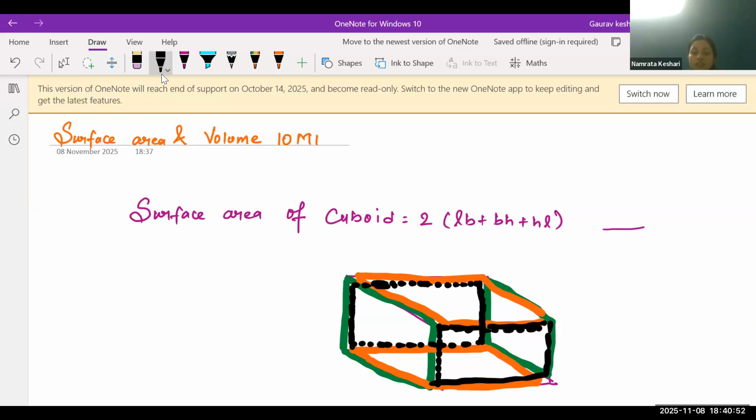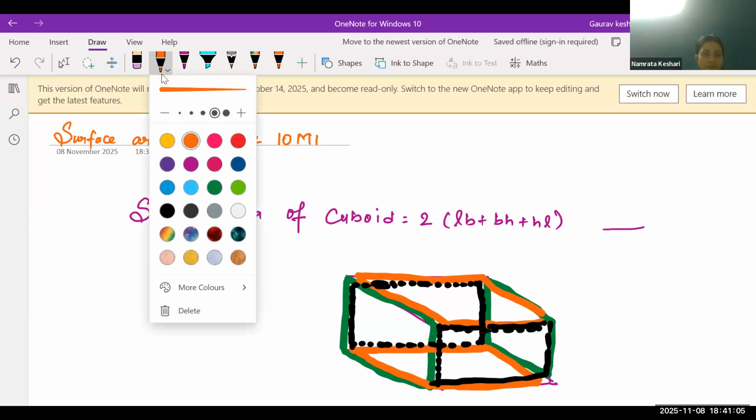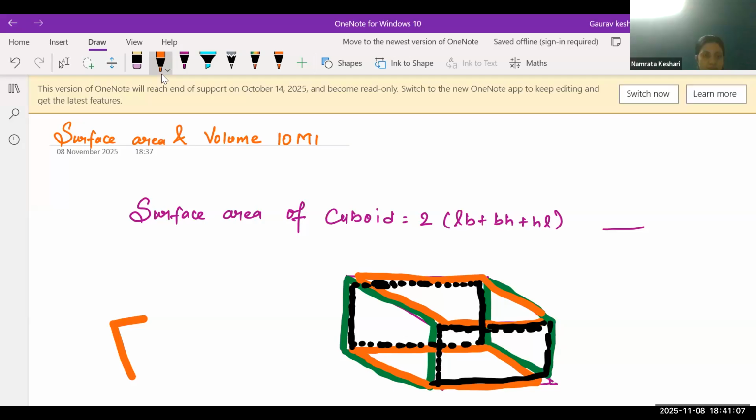If you focus carefully, the bottom one is a rectangular sheet. I'm talking about the bottom one. It's a rectangular sheet. There must be length, there must be breadth.